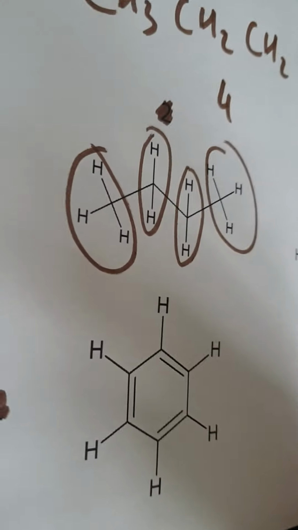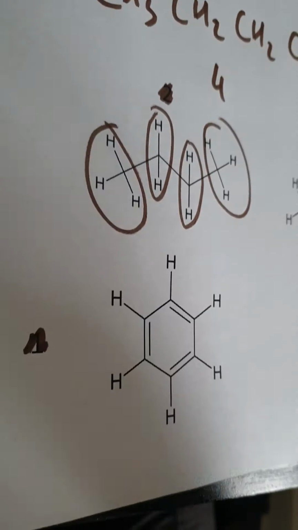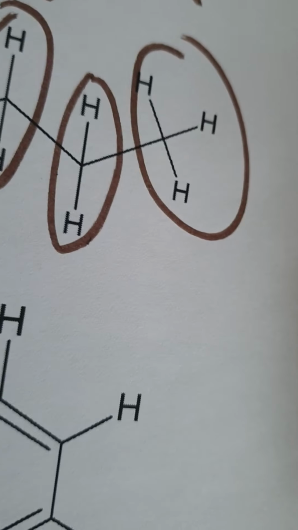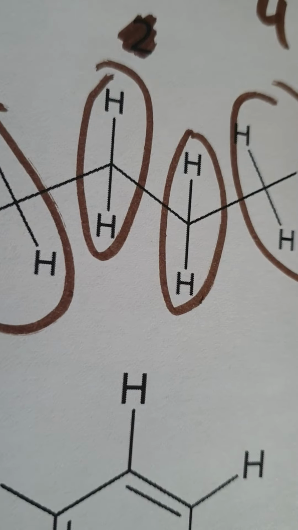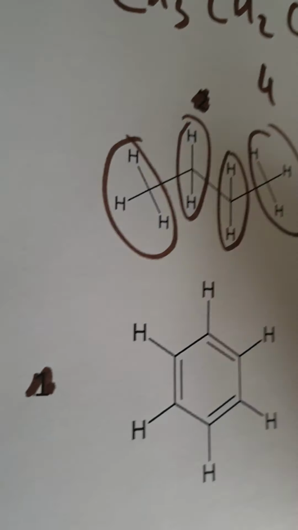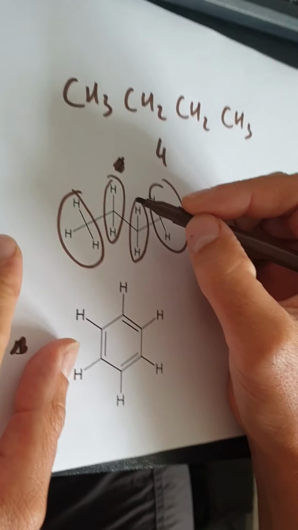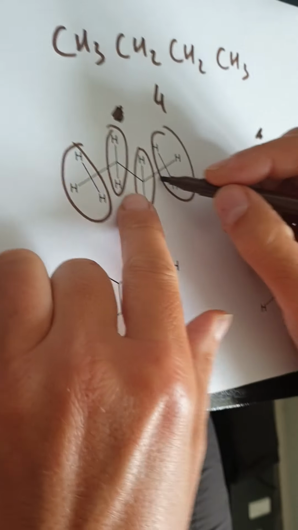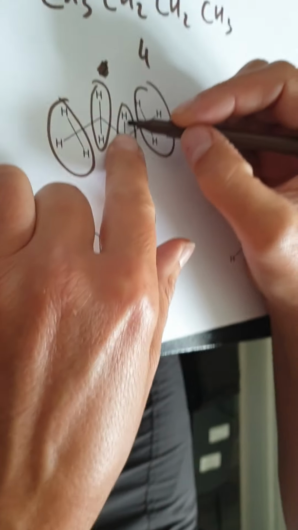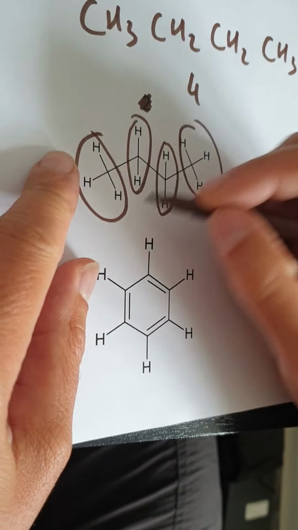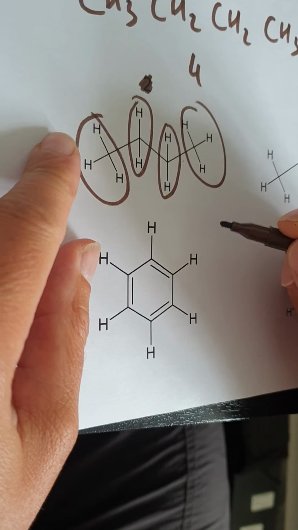But are they different? Now, kind of, but kind of not as well. So the 3 and the 3 aren't different, and the 2 and the 2 aren't different, but the 3 and the 2 are different. That's all it is. So this CH3 is attached to a CH2. This CH3 is attached to a CH2. This CH2 is attached to a CH3, and so on. So this hydrogen sees that over there.